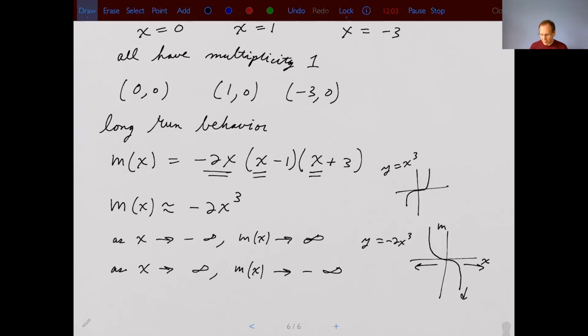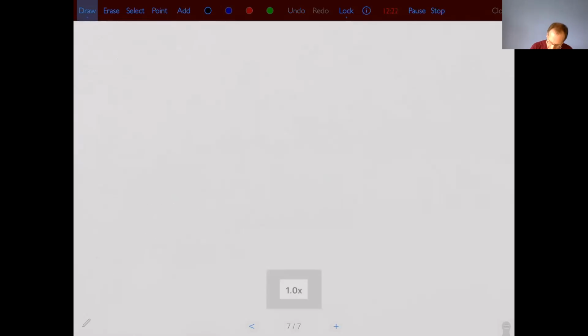So when we do our graph, as x gets really, really small, the graph had better be getting larger and larger and larger. And as x gets really, really large, it had better be getting smaller and smaller and smaller. Okay, so based on all of that, let's see if we can come up with a graph. And then I'll go to Desmos and actually graph it to make sure that we were on the right track. It's hard to do this exactly, so we're just going to get a rough idea here.